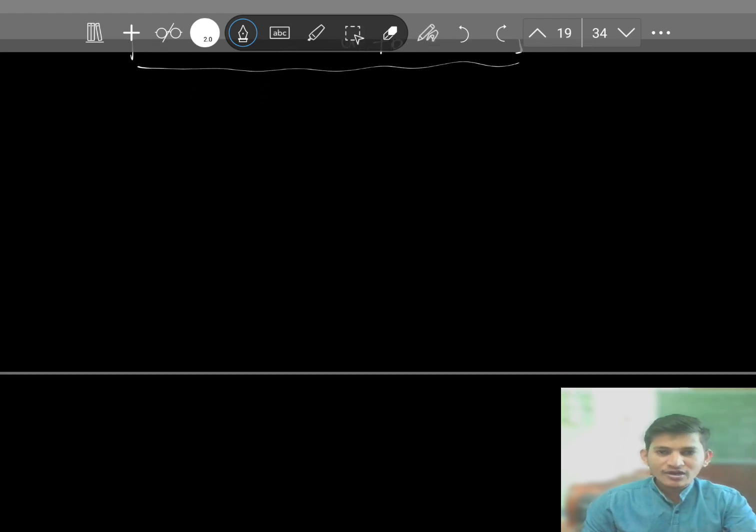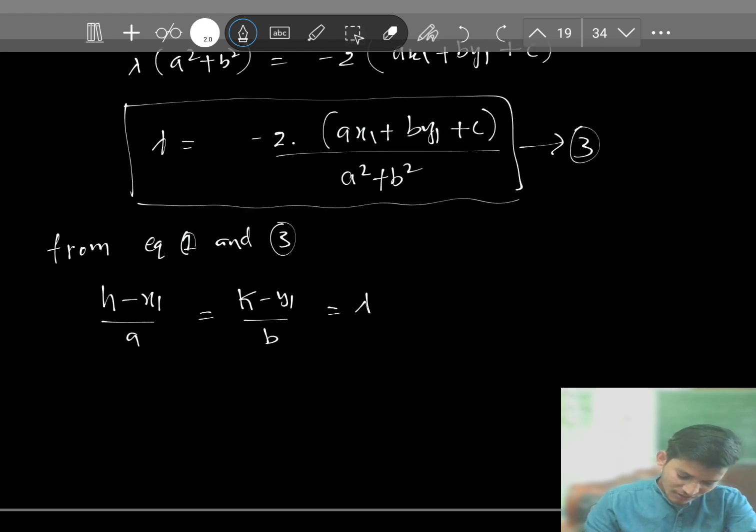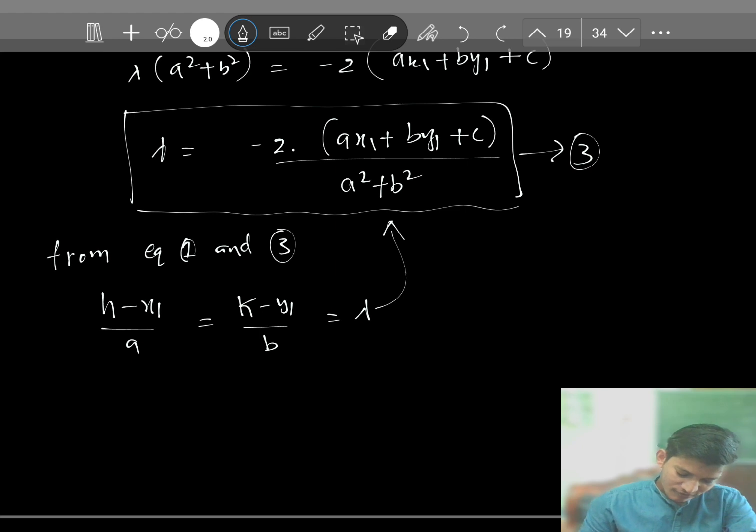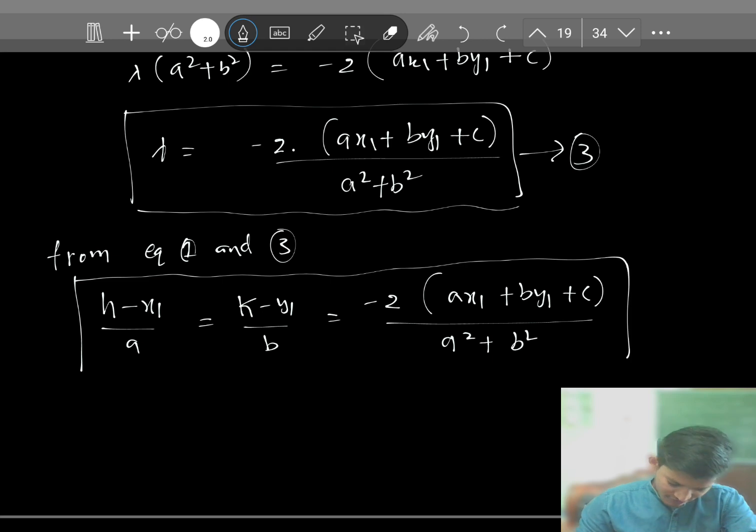From equations 1 and 3, I can write (h minus x1) divided by a equals to (k minus y1) divided by b equals to lambda, and the value of lambda is minus 2 times (a x1 plus b y1 plus c) divided by a square plus b square.